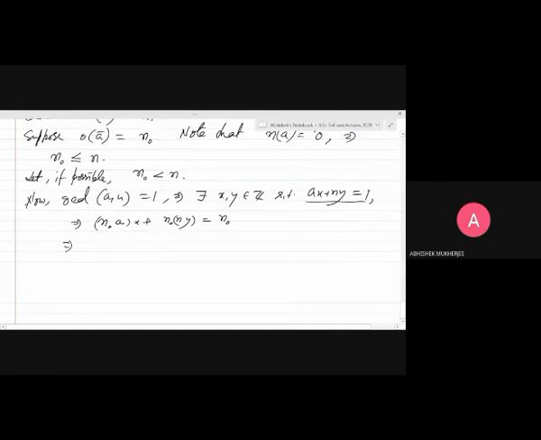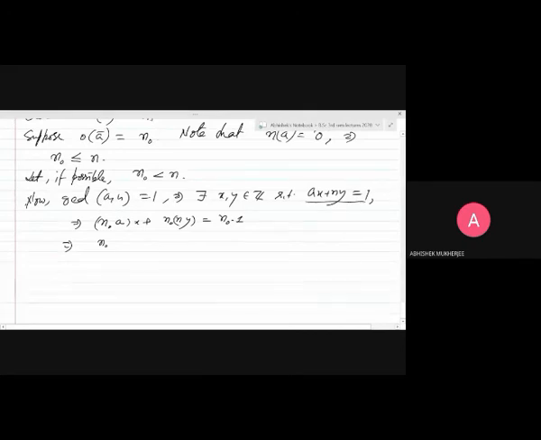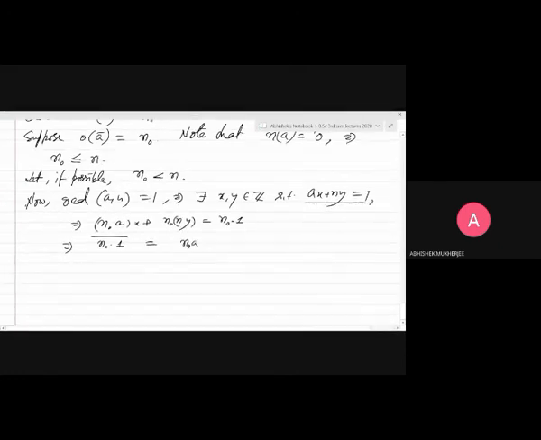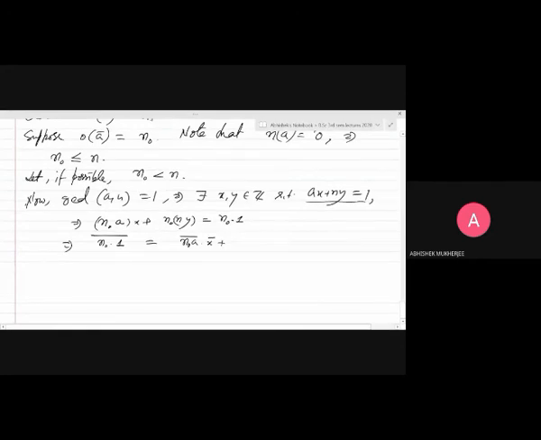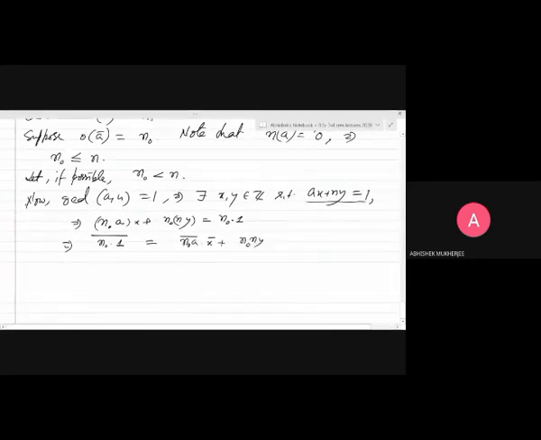So that means n naught times 1 class equals n naught a x class plus n naught n y class. Okay. So what does it give you?